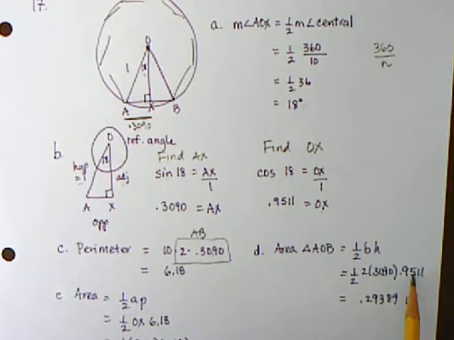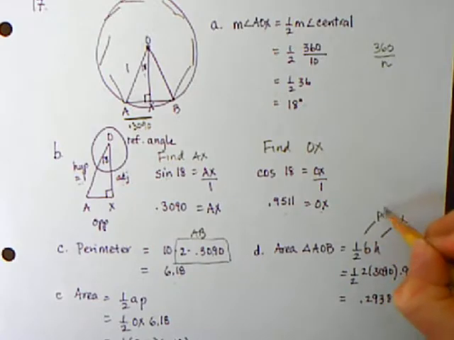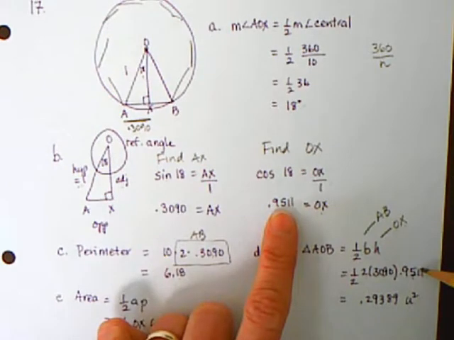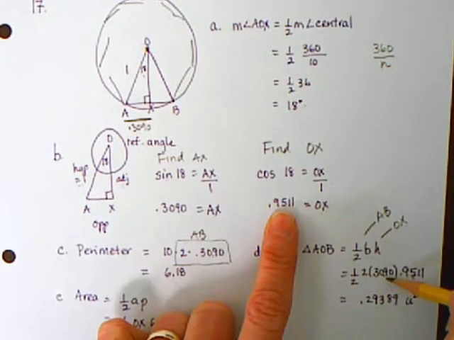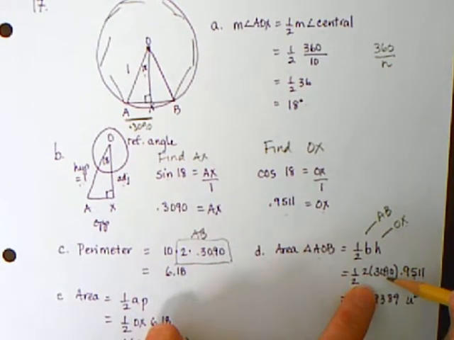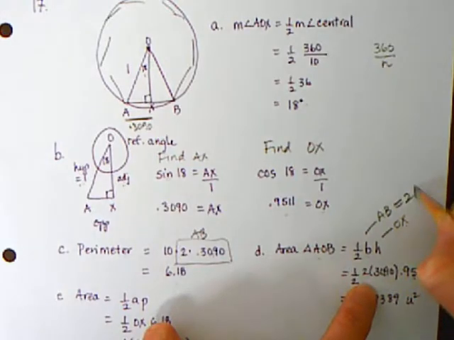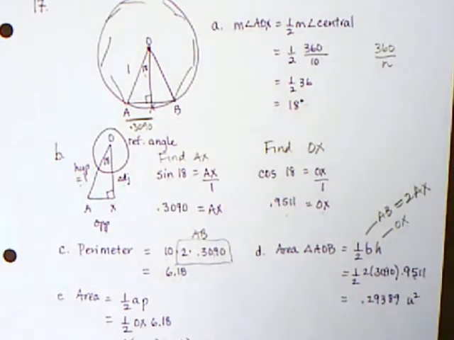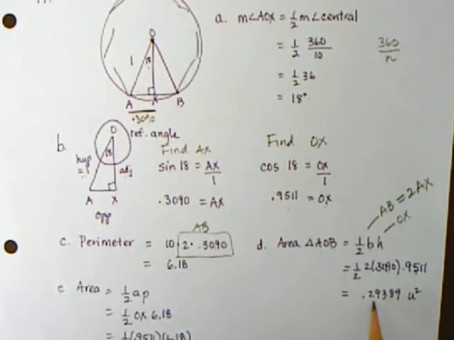The height is OX, and the base is AB. So you can see OX 0.9511, AB 2 of the AXs. So when I actually do all that multiplication, I get 0.29389.